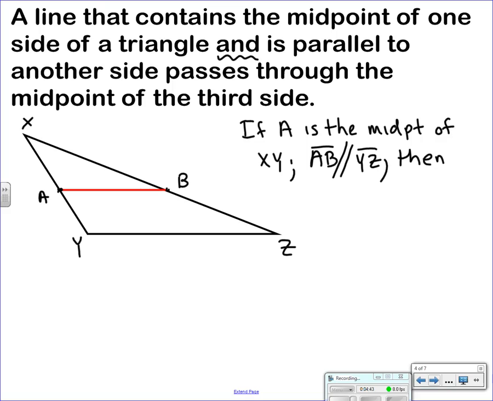Then B is the midpoint of XZ. So I have XA congruent to AY, and AB is parallel to YZ. Thus, by this theorem, BZ is congruent to XB. Really, we use this theorem for our triangle midsegment theorem.